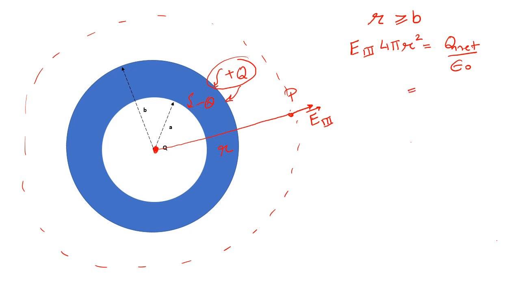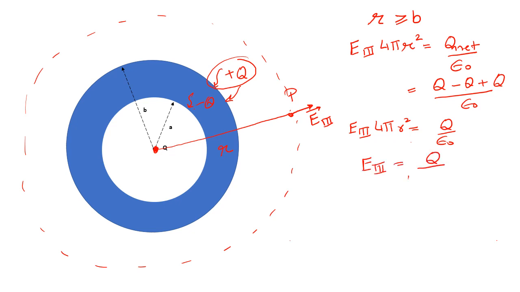You can convince yourselves: q minus q, this q from the center, this minus q on that surface, plus q on the outside surface, that simply becomes q by epsilon naught, and thus my electric field is q by 4 pi epsilon naught r squared. And if we want to put the vector, it is coming from inspection, simply going to be r hat.